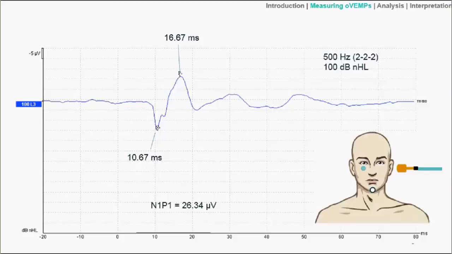Okay, so we know from various physiological studies that both sets of muscles, the inferior oblique and rectus muscles, are activated by the oVEMP stimulus. But that N10 potential there is primarily driven by a contraction of the inferior oblique muscle, and it's excitatory, as we know from its negative direction.